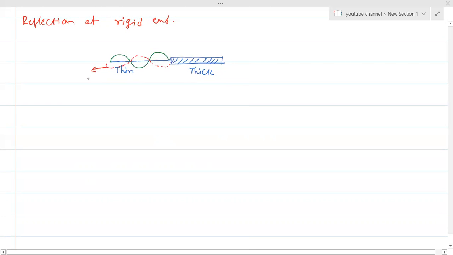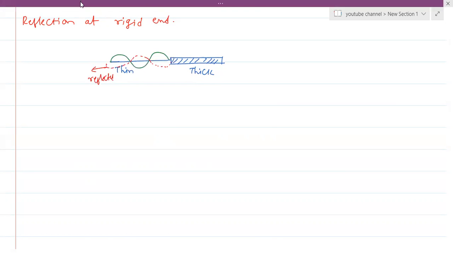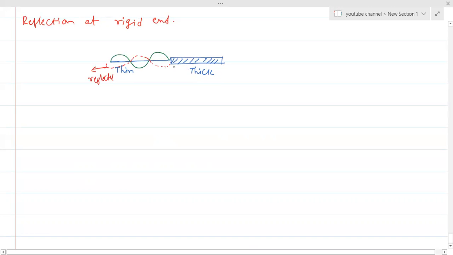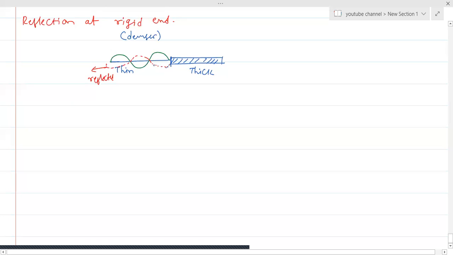This is the reflected wave. If the wave is reflected back at the boundary of a denser medium, we call that the reflection at rigid end.